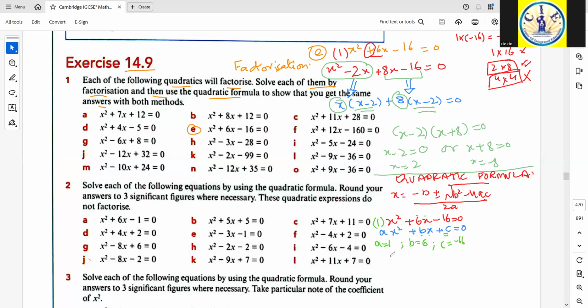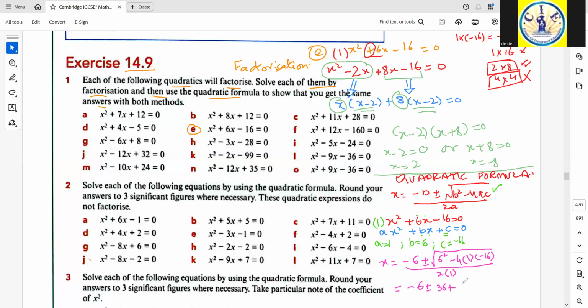So when we substitute these values into this formula, we get x equals negative 6 plus minus the square root of 6 squared minus 4 times a, that is 1, times c, that is negative 16, whole divided by 2 times 1. Now we can use the calculator to solve it, or at the moment I can just simplify it a bit.